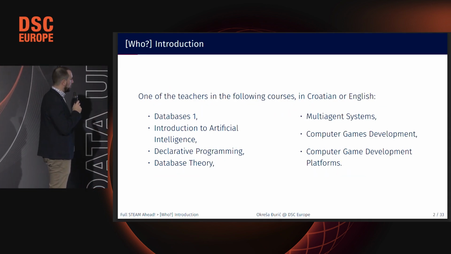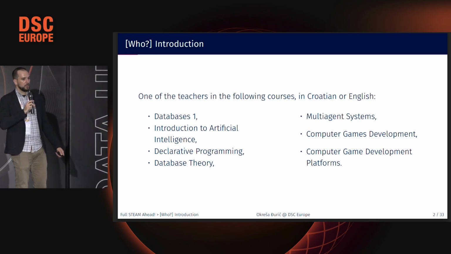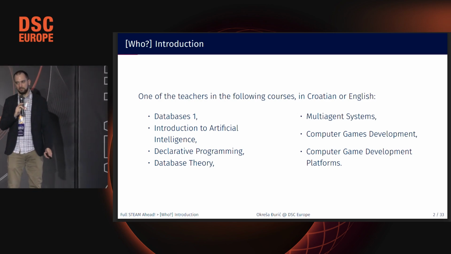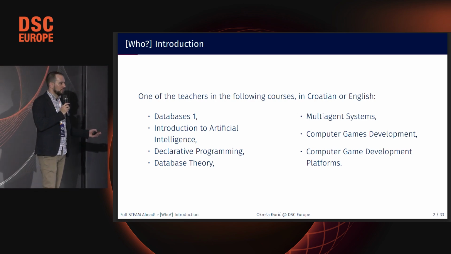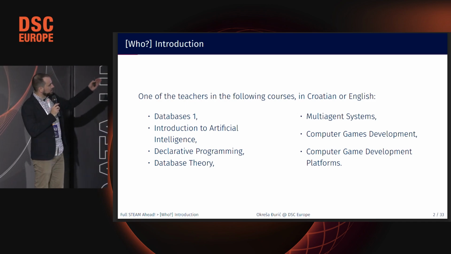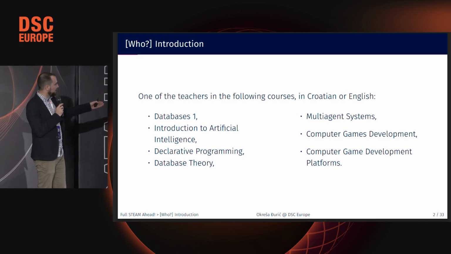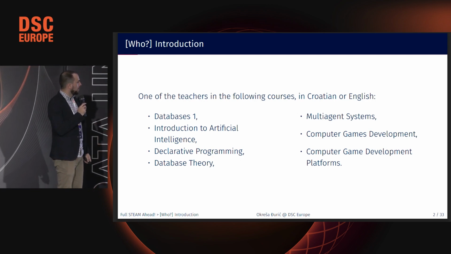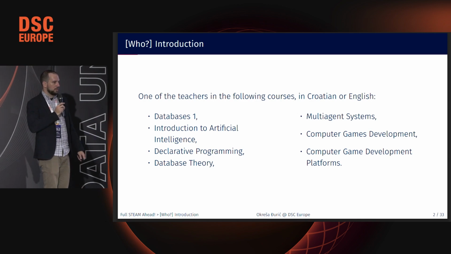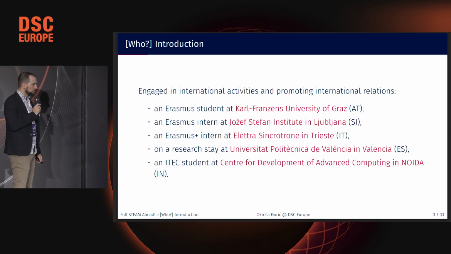I participate in teaching, either in Croatian or in English for our incoming students, a couple of courses, such as multi-agent systems, which I like the most, then perhaps database theory, declarative programming, and so on. All these courses are on our master and bachelor's level.